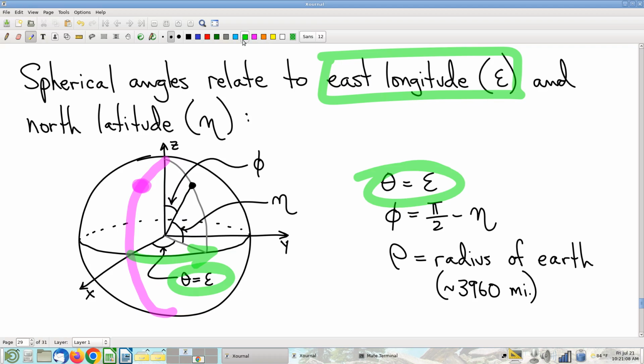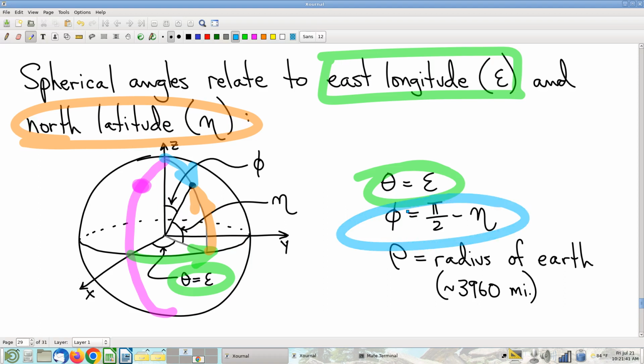Then, a little bit disappointing, we can talk about north latitude from there. Sadly, that is not what phi is. Phi is this angle, and so phi and north latitude are not the same, but they clearly add up to pi over 2, right? As you go further north, your latitude gets bigger, your phi gets smaller. So phi is not equal to north latitude, but it is closely related to it.